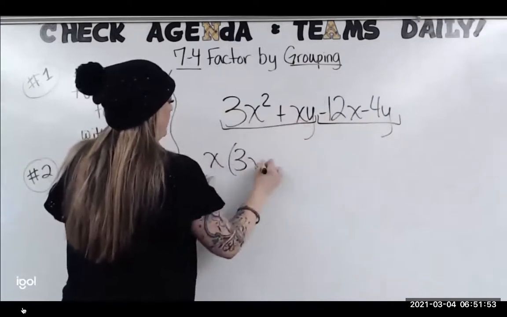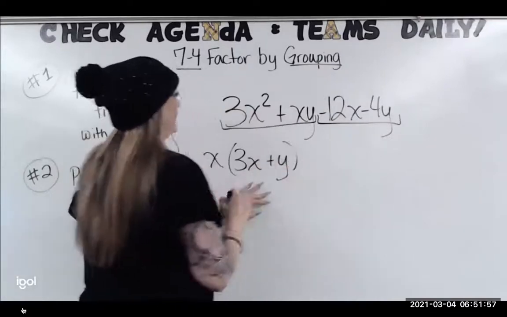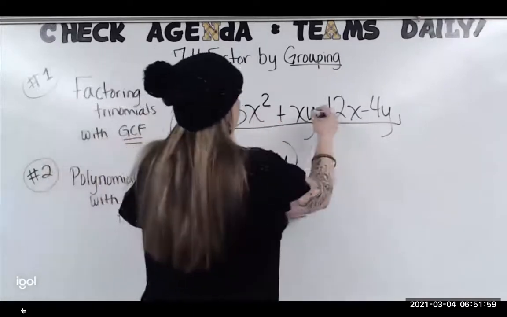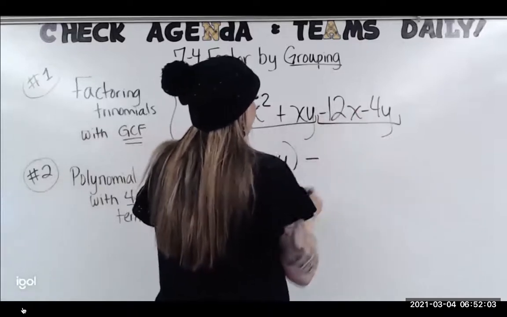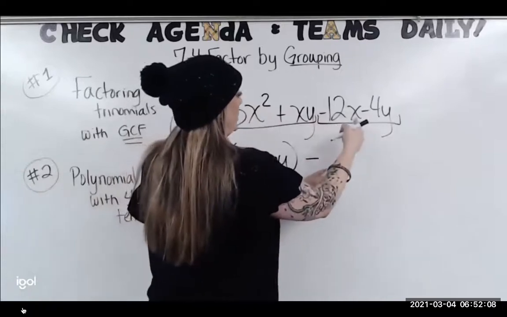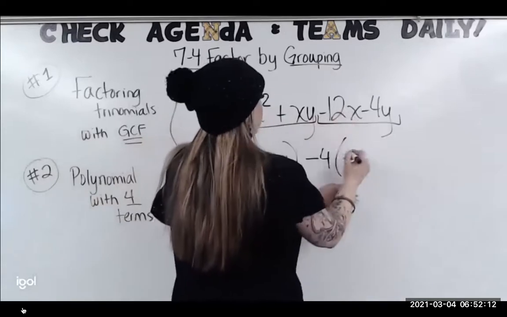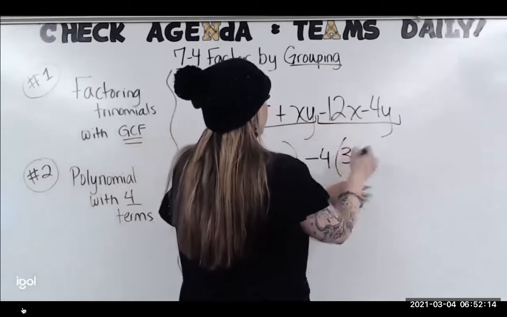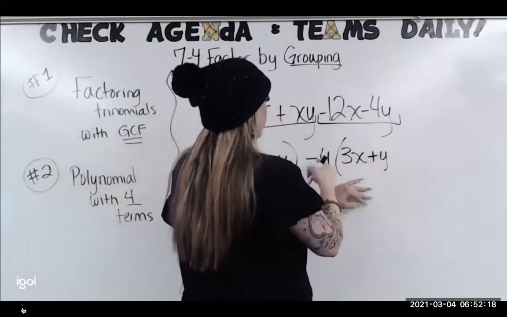I need to multiply that times 3x to get 3x squared and a y to get xy. Now over here, since both of these are negative, we're going to factor out the negative right here. So we need to factor out negative 4. We would multiply that times 3x to get negative 12x, and a positive y to get negative 4y.